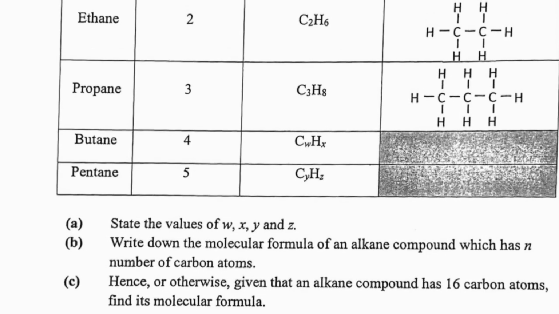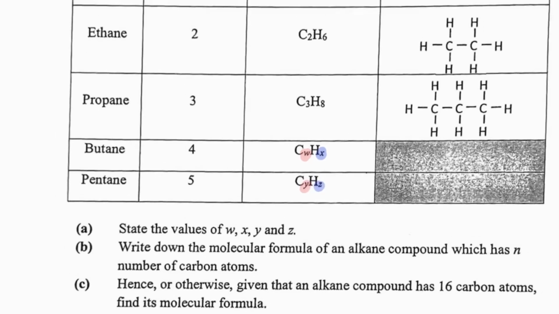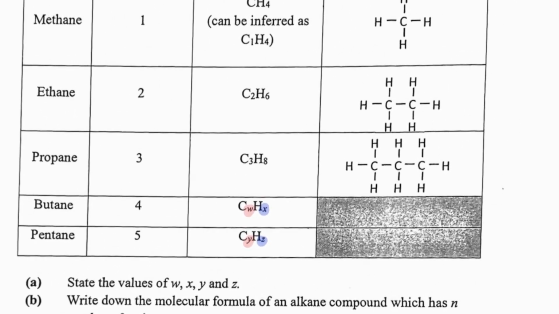So let's take a look, and I'm going to, at this point, zoom in on the butane and pentane, because part A requires us to find the values of W, X, Y, and Z, okay? And at this time, if I look at the pattern for the carbon atoms, if n equals to 1, it will be 1.